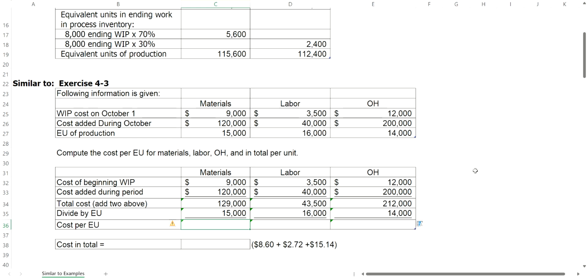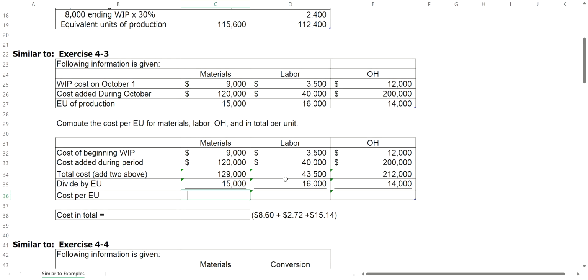So now what I want to do is divide the last two numbers. I'll take 129,000 divided by 15,000, and my cost per equivalent unit is $8.60 for materials. 43,500 divided by 16,000 is $2.72 for labor, and 212,000 divided by 14,000 is $15.14 for overhead.